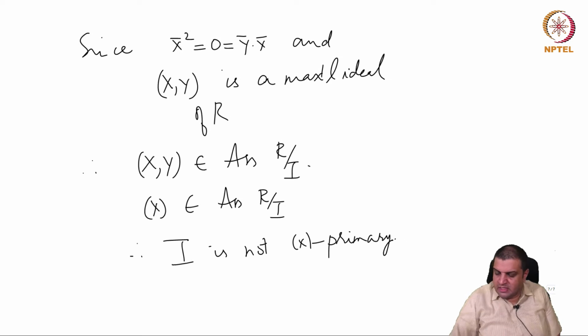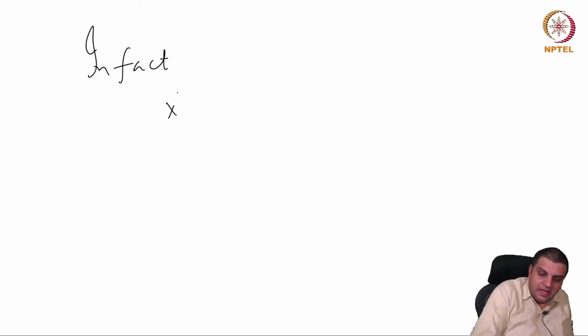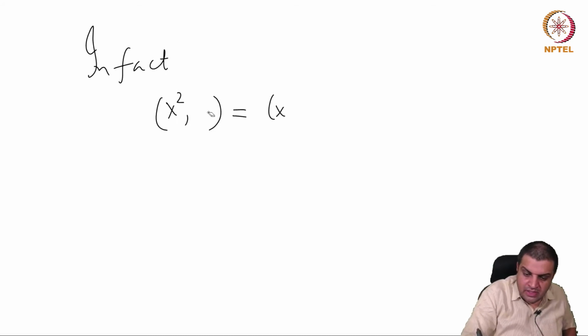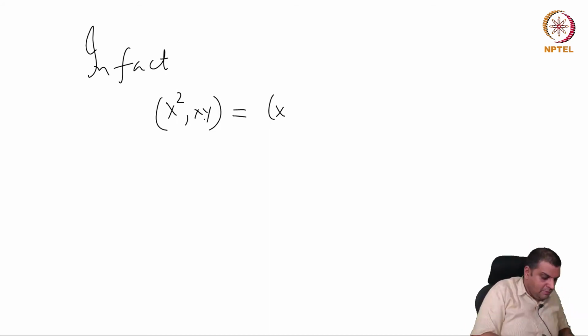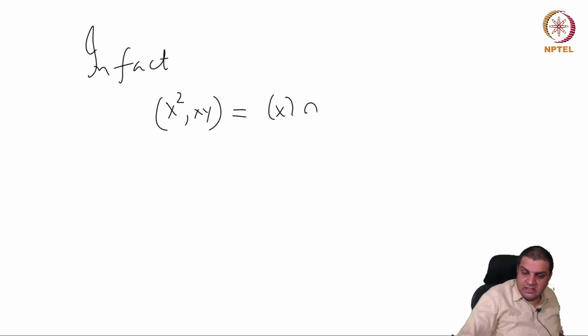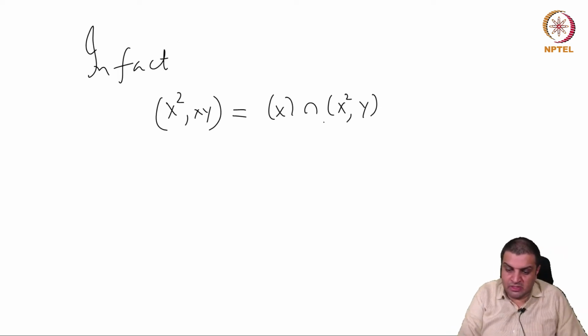In fact, the ideal (x squared, xy) can be decomposed into irreducibles as (x) intersect (x squared, y). One can check that this is equal.